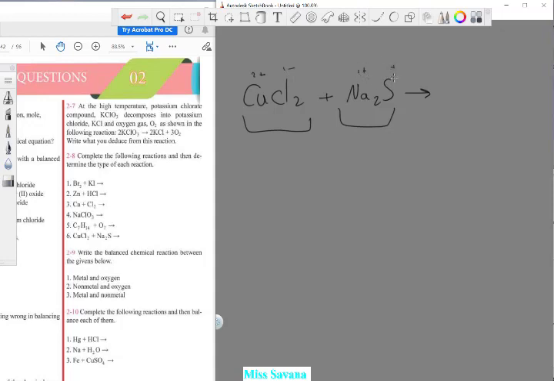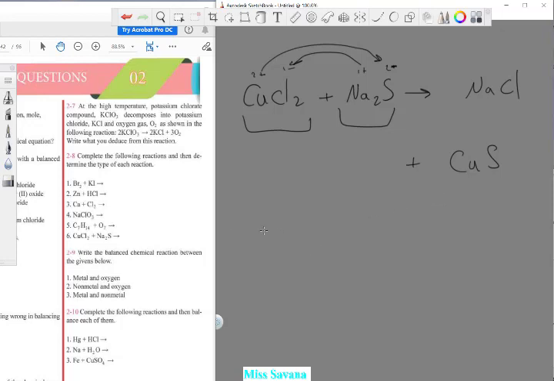Definitely this one will attack this part, and always this one attacks and takes this. Remember, I always need to have NaCl. So NaCl, sodium chloride, reacting with CuS, copper sulfide.